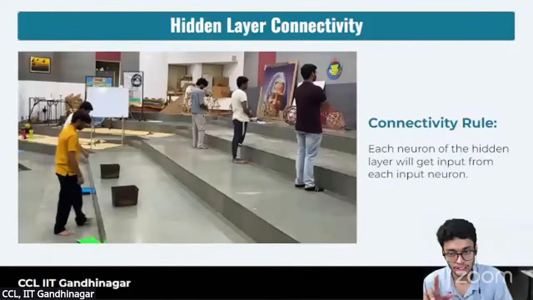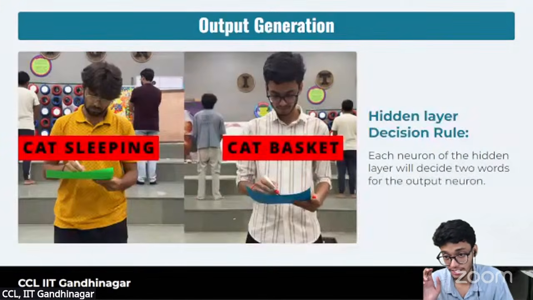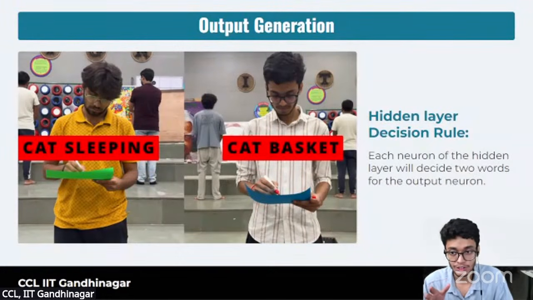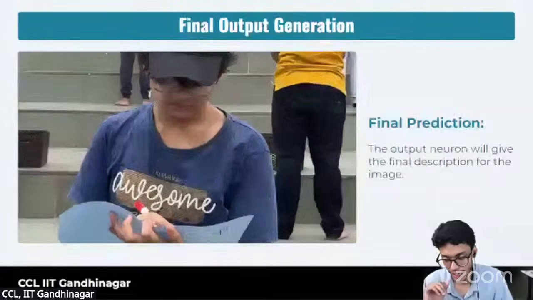Now they have to decide two words out of it. They got cat, sleeping, and basket, so one has decided cat sleeping, one has decided cat basket. And then they will pass this to the output layer.